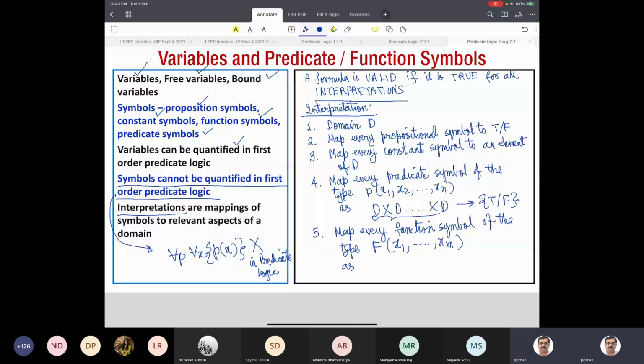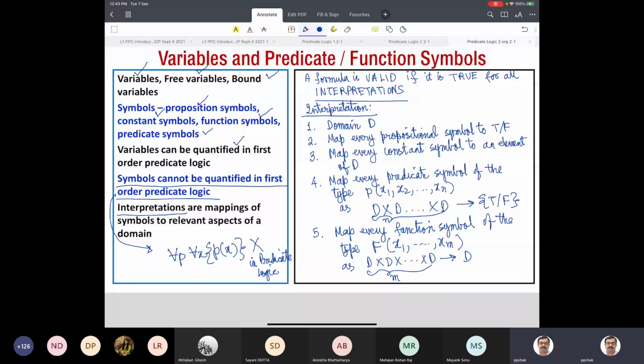Here we have taken n values; we will take m elements to D. So we have to create such an interpretation. Once we create such an interpretation, we will know whether the formula is true or false for this interpretation.